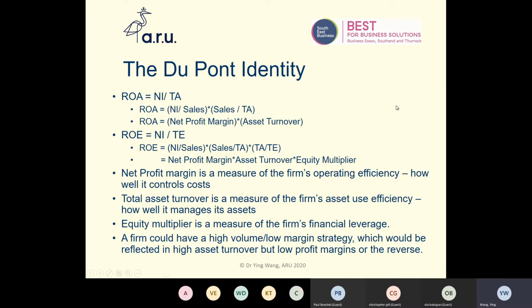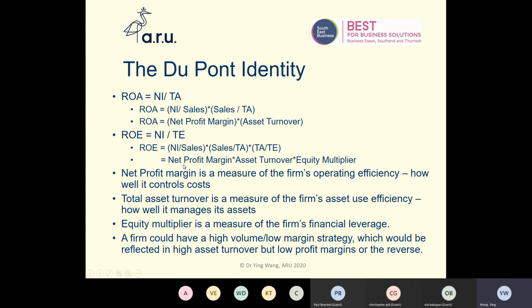So return on equity is a very important ratio because quite often in the finance field this is called the DuPont identity. So what it is, we turn this return on equity into 3 elements. So return on asset, we have the formula, and then return on equity, we have the formula. Now we merge this into one formula.